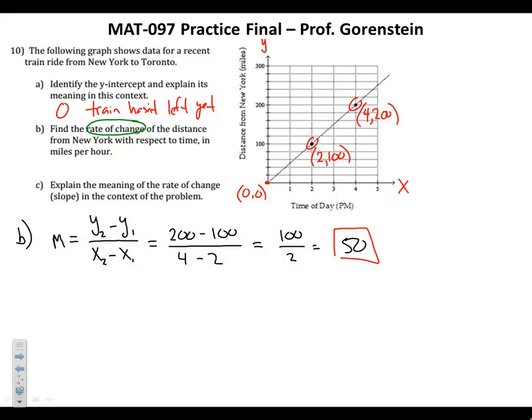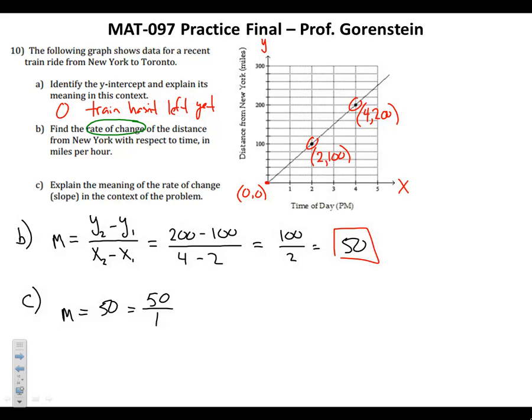Part C, explain the meaning of the rate of change in the context of the problem. So our rate of change is 50. Now, any whole number we could express as a fraction. So 50 is the same as saying 50 over 1. Now what are the units? 50 what and 1 what?